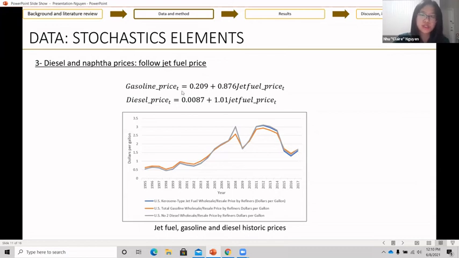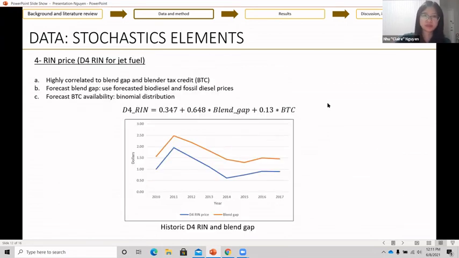And so the regression results show the relationship between them. And they have very high R-square too. And so with the projection of jet fuel price, we can, based on this relationship, forecast the gasoline and diesel price.